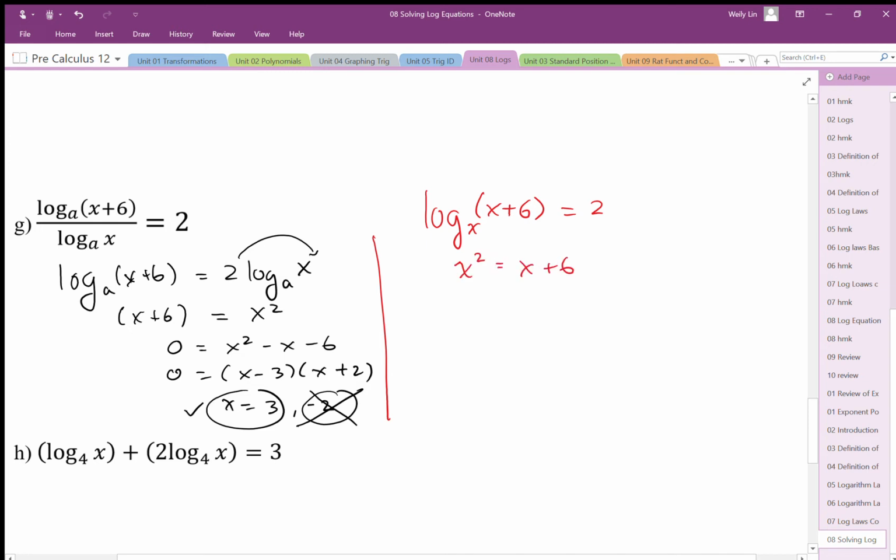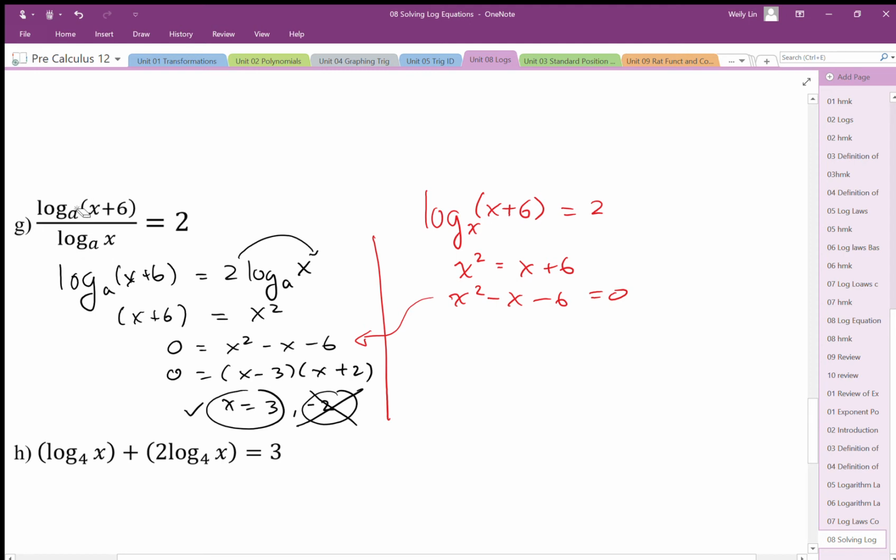Okay, and then once I've done that, I end up with the exact same quadratic that I have over here. So then the solution just follows there. So again, there's two ways to get rid of logs. One is dropping logs like this when we have log equals log, or using the definition of log here.